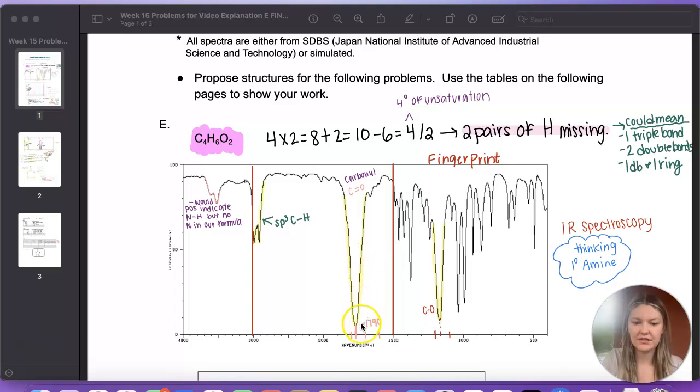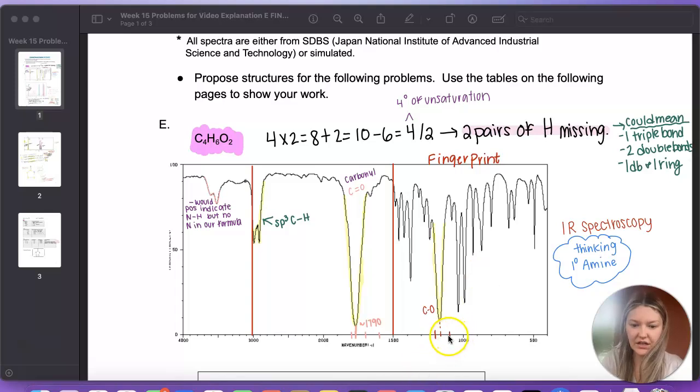And then over here around 1790, I had a pretty large spike. So that told me that I had a carbon double bonded to an oxygen, which kind of tells me a carbonyl. Then from there, I can look at the under 1,500, and if I see anything that sticks out from the tables that I've been given and that I've looked at.